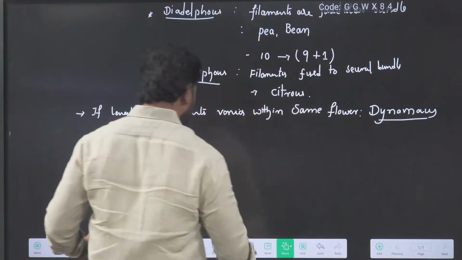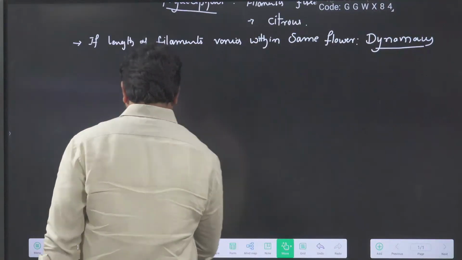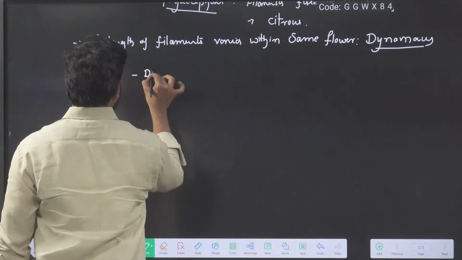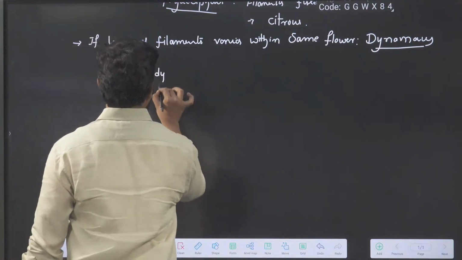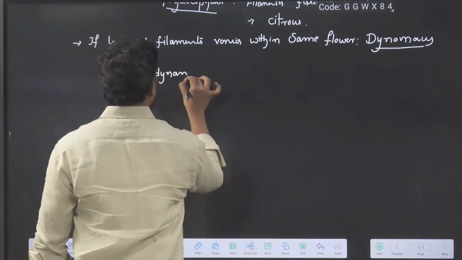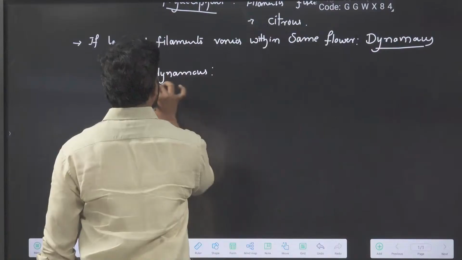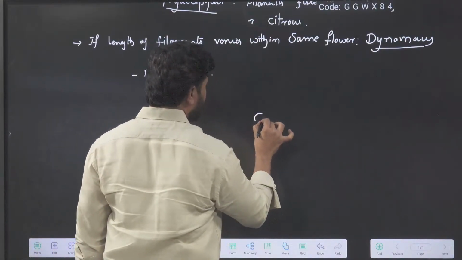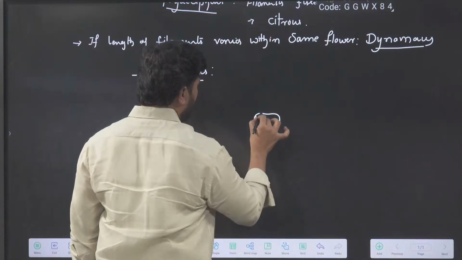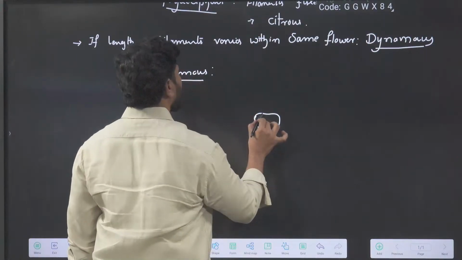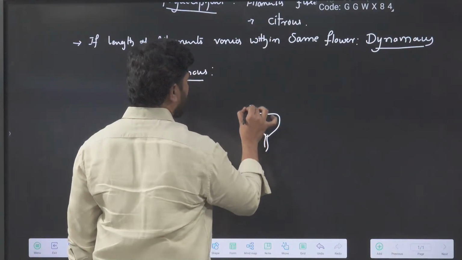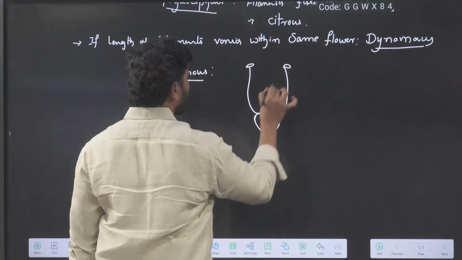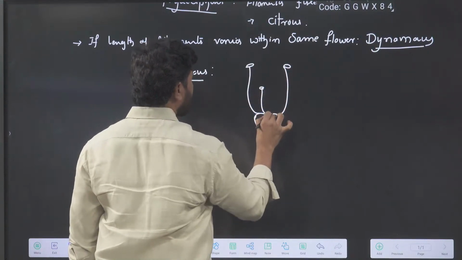In this case, I can give you some examples. One is didynamous. Didynamous flower. What is this didynamous? If a flower has four stamens, outer two are lengthy, inner two are short.